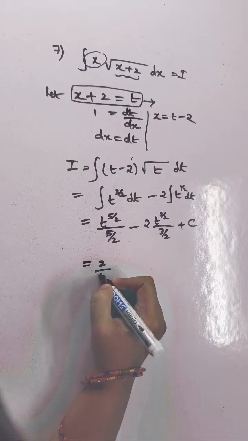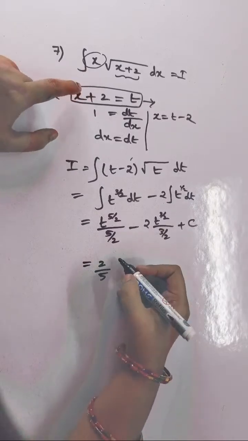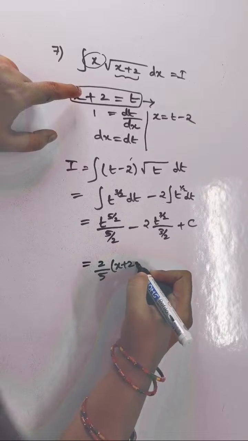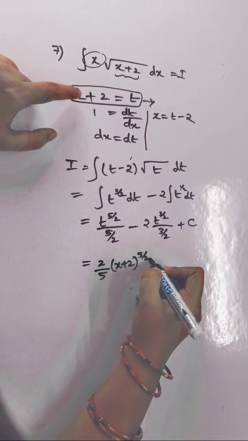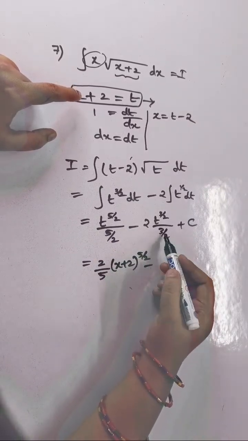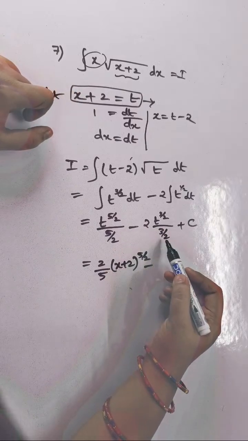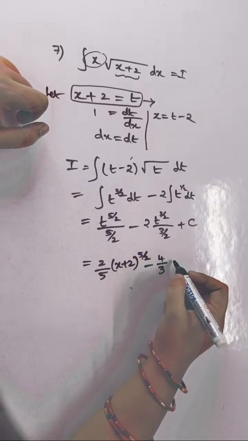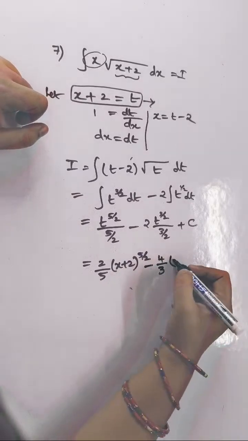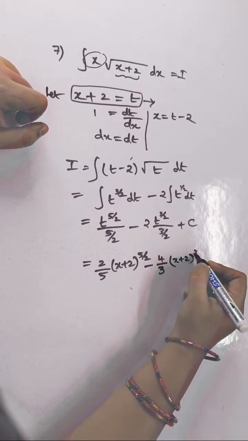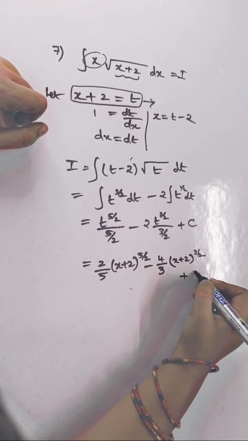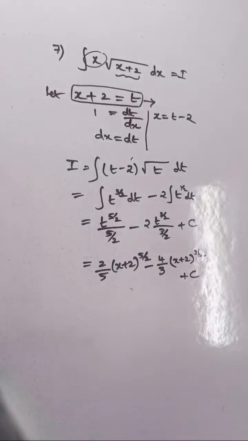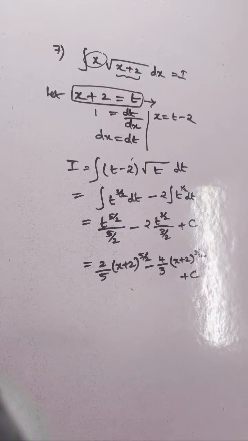So 2 by 5 into t, which is x plus 2, the whole power 5 by 2, minus, already you have 2, reciprocal of 3 by 2 is 2 by 3. So 2 twos are 4 by 3 into x plus 2 the whole power 3 by 2 plus c. That is the final answer.